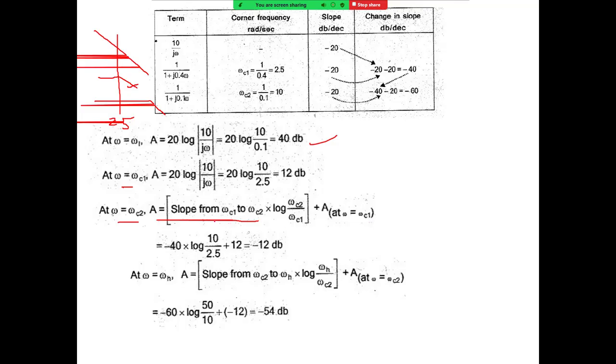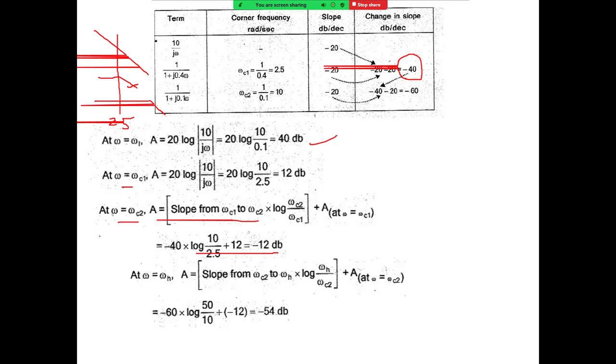So how much change in the slope? Minus 40, right? So that is minus 40 into log of 10 by 2.5 plus the previous gain value, 12. So plus 12 decibels. By simplifying, you will get the answer: minus 12 decibels.